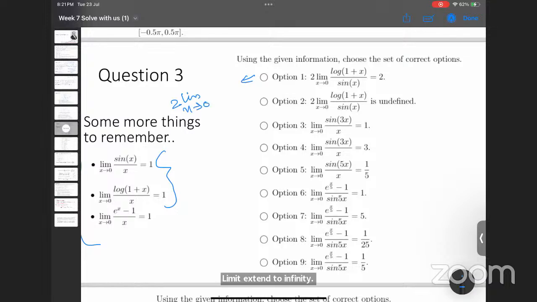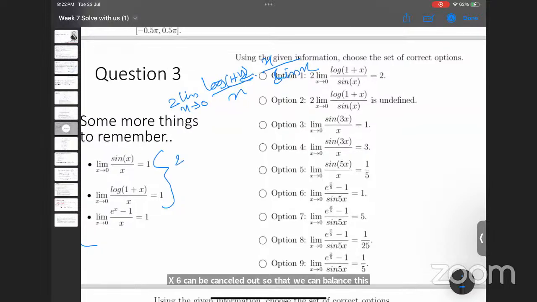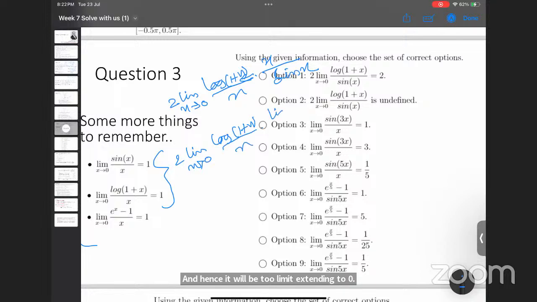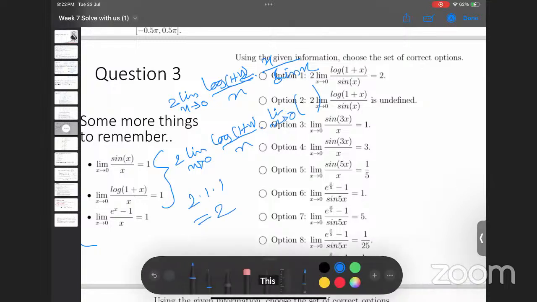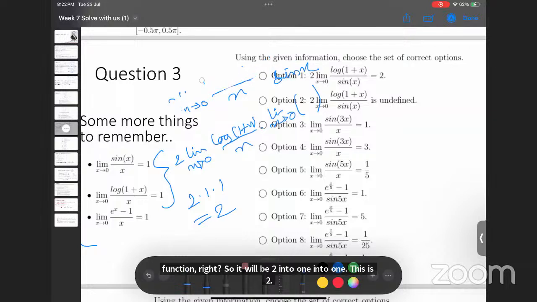We can balance this function: it will be log(1 plus x) by x into x by sine x. The x can be cancelled out. Hence it will be 2 into limit x tending to 0 of log(1 plus x) by x, again limit x tending to 0 of this function. So it will be 2 into 1 into 1, which is 2. So option 1 is correct. What about option 2?